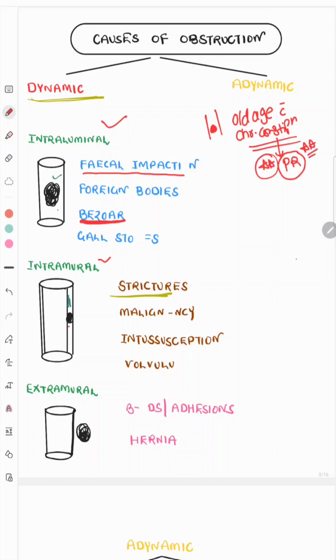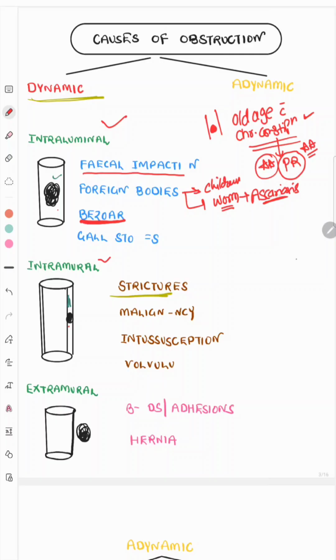Can we evacuate the fecal impaction in the rectum which causes obstruction of the large bowel? This is one point. And foreign body can be common in children, or it can be a worm, for example ascariasis.